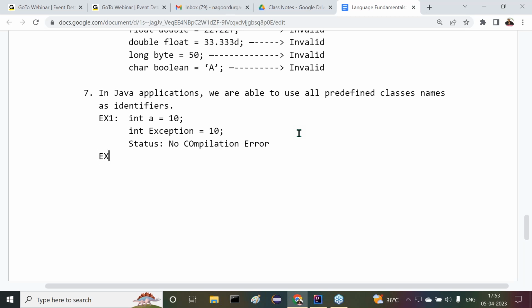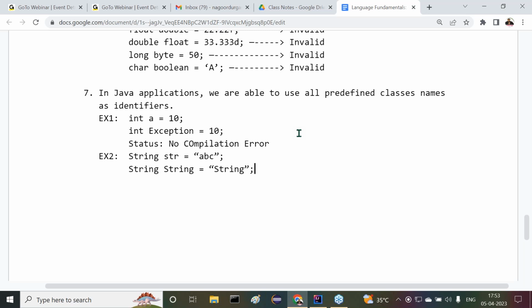Next, example 2, observe carefully. String str = abc. This is valid, we don't have any problem up to now. The next one: String string = string.